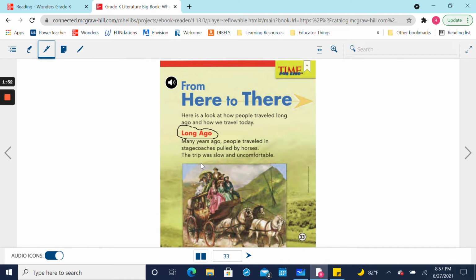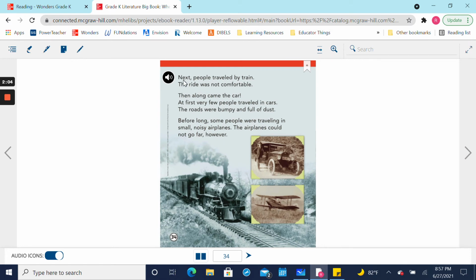Many years ago, people traveled in stagecoaches pulled by horses. The trip was slow and uncomfortable. Next, people traveled by train. The ride was not comfortable. Then along came the car.